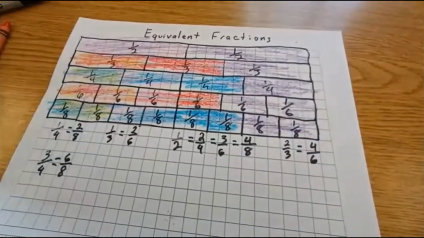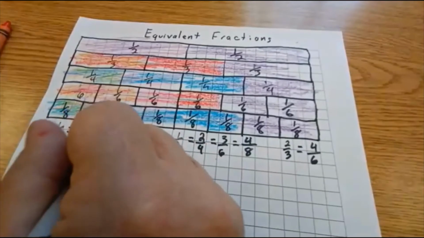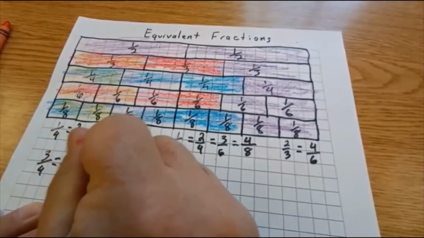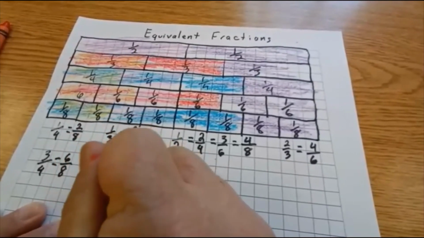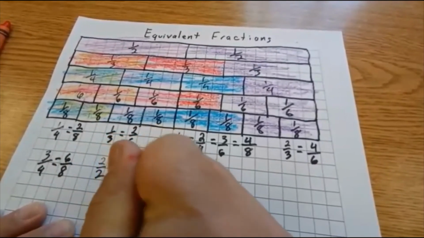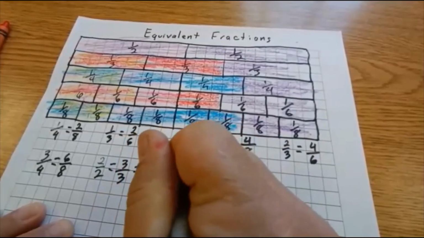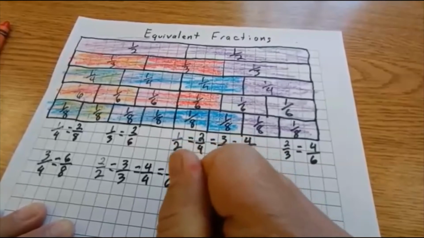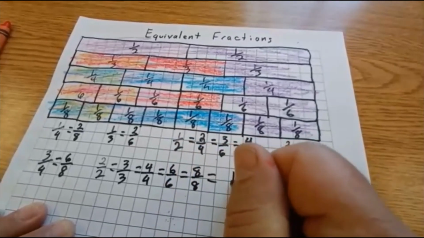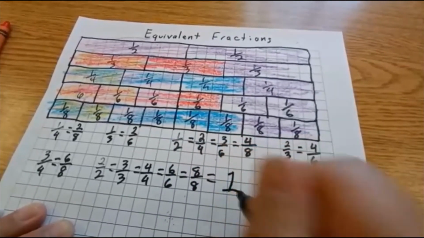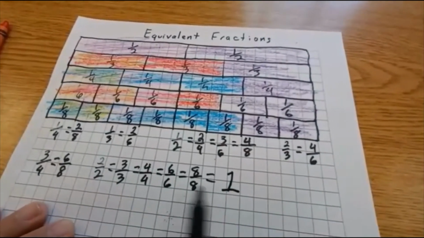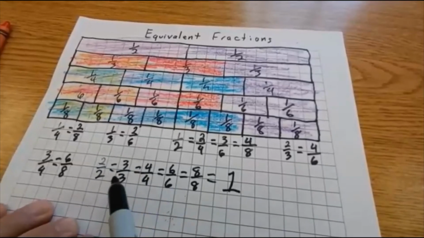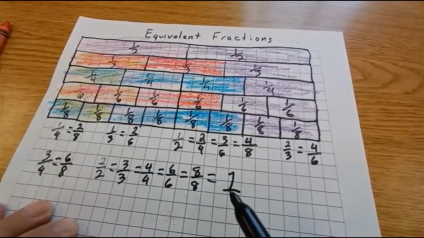We can write that down also. 2/2 is equal to 3/3, which is equal to 4/4, which is equal to 6/6, which is equal to 8/8, and that all equals 1 whole. Those are all improper fractions because my numerator is not smaller than my denominator. And whenever I have an improper fraction, I know I'm dealing with at least 1 whole.